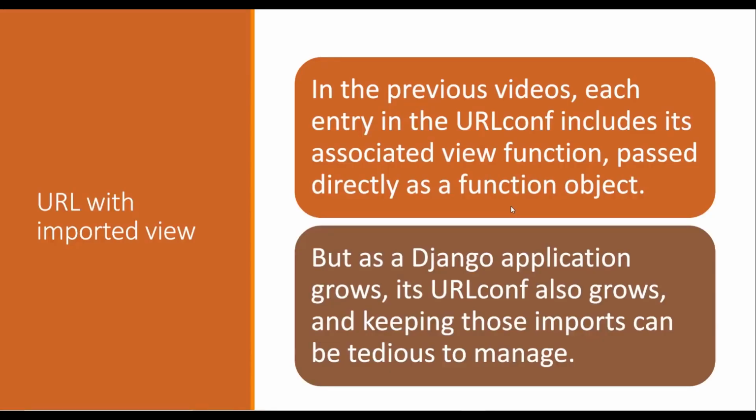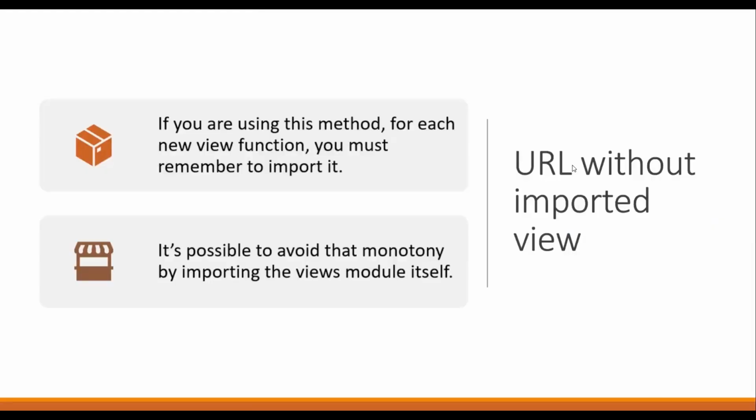But as a Django application grows and becomes complex, its URL configuration also grows, and keeping those imports can be tedious to manage and time consuming too. For this reason we create a URL without imported view function.